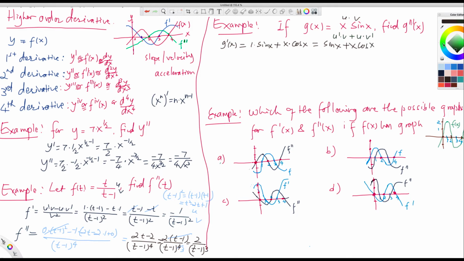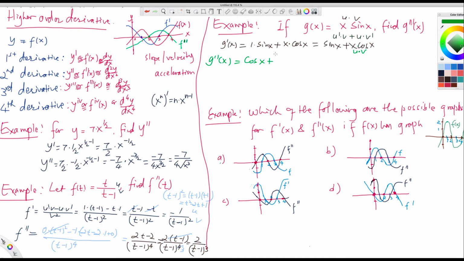Now I want to find out the second derivative, okay? So to find out the second derivative, you use that function. So the derivative of sine x is cosine x, but it is like u times v, so again there is a product rule, right? So what is g double prime of x? It is the derivative of g prime. So derivative of sine x is cosine of x plus, here you use the product rule, right?